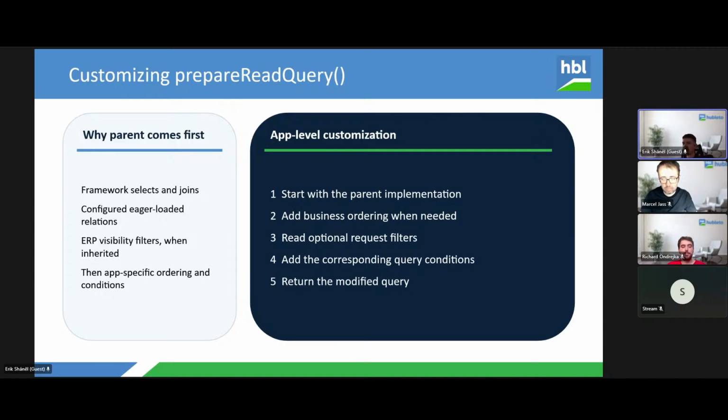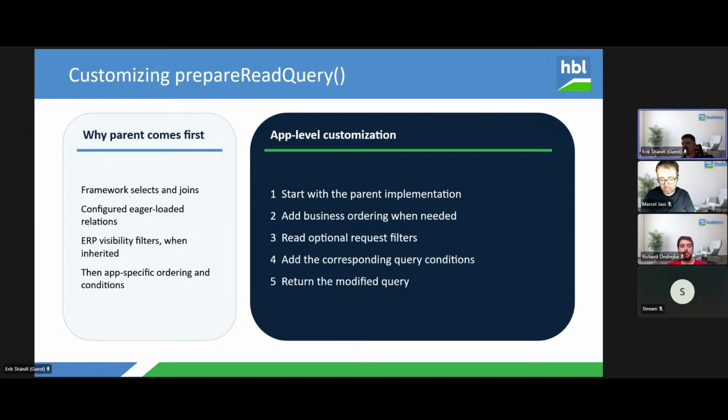So when you guys call parent prepare a read query, first we keep all of the existing behavior. We don't have to rebuild it in every app, and we don't accidentally remove it. We went through this in our previous lessons, if you guys remember when we were creating either the Rental app or the IP info test app.